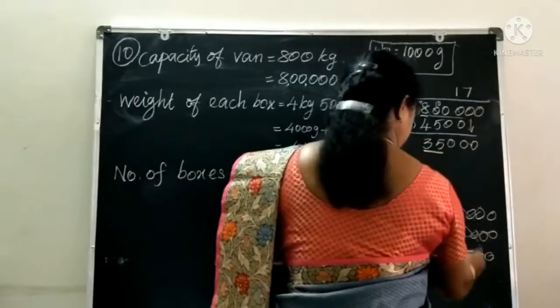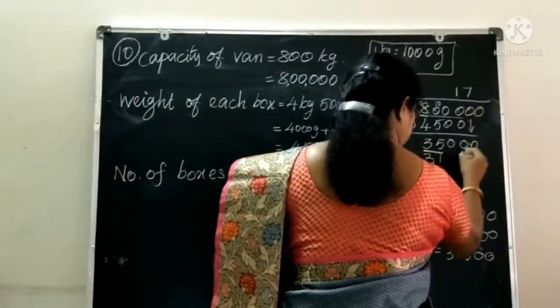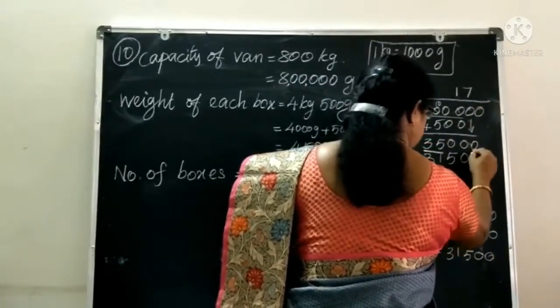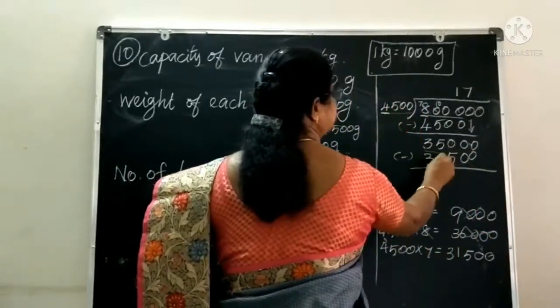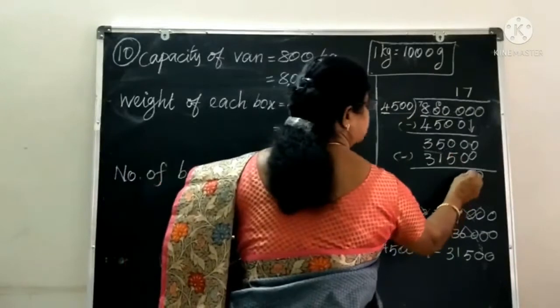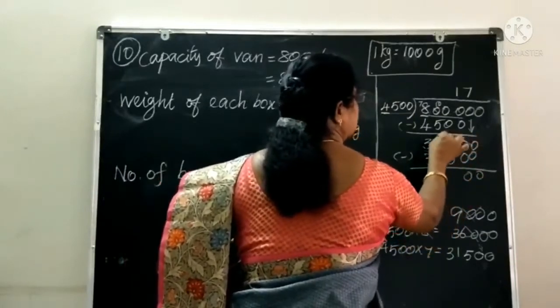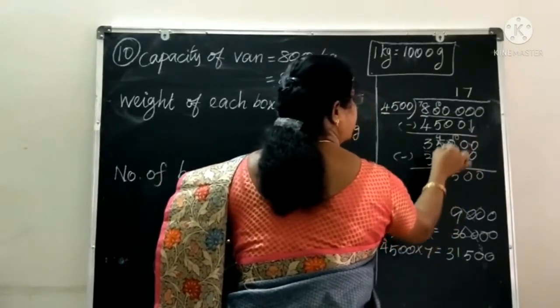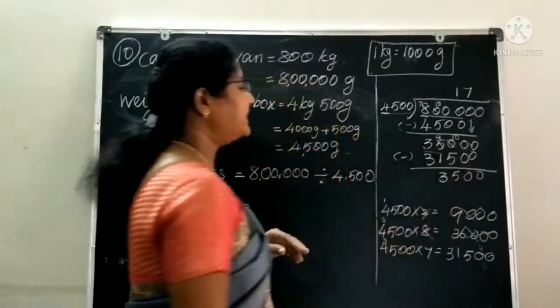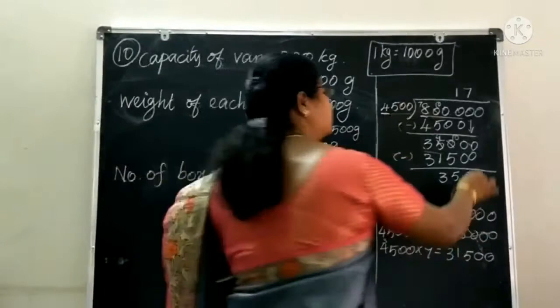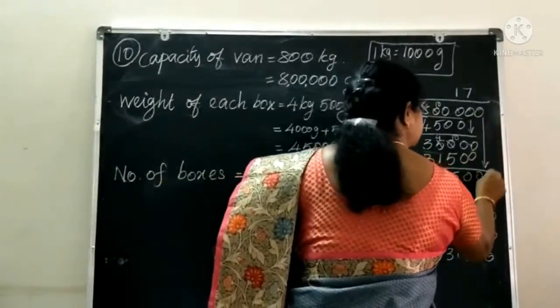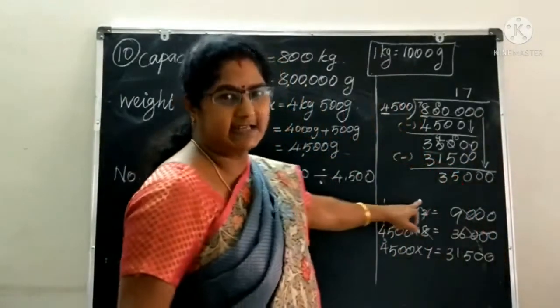So 7, 31,500. Subtract. 0, 0. 10 minus 5, 5. 4 minus 1, 3. Again 3,500. It is smaller than the divisor. Go to the next digit. Bring down the next digit. Again 35,000.